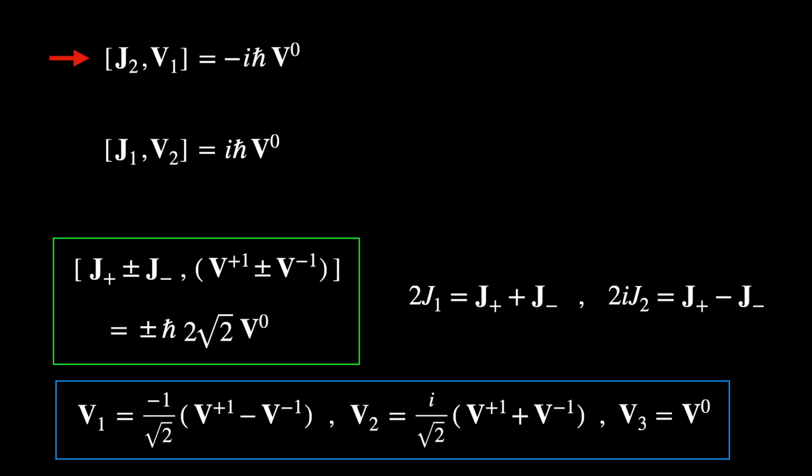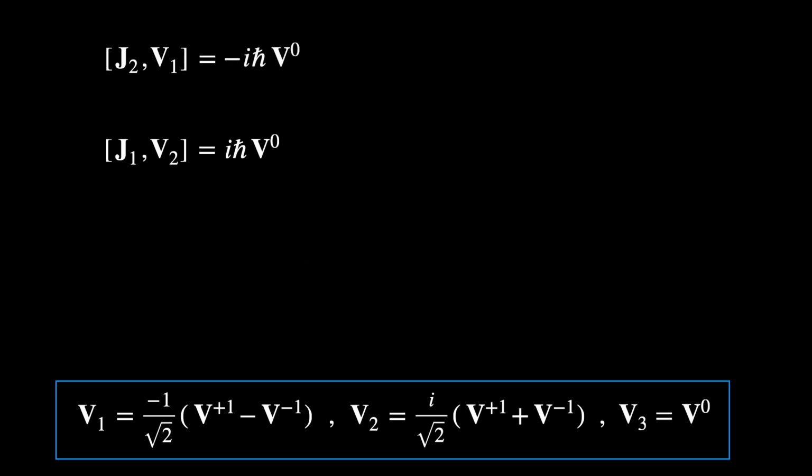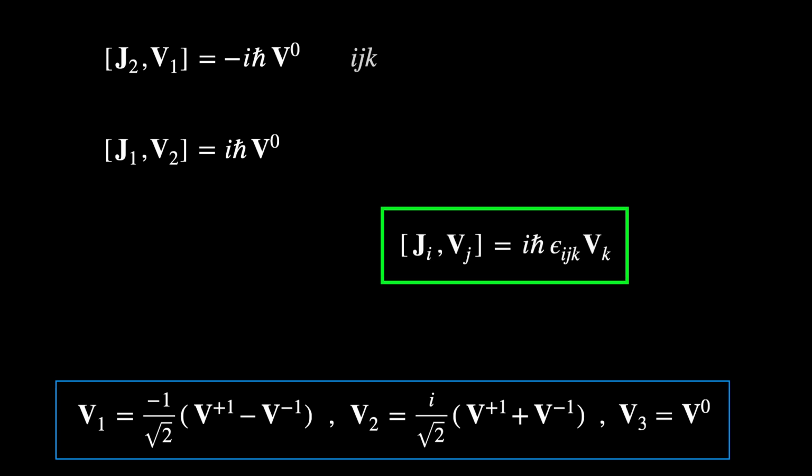We have this result. It is easy to check that these two equations are consistent with the Cartesian commutation relations in the green box.